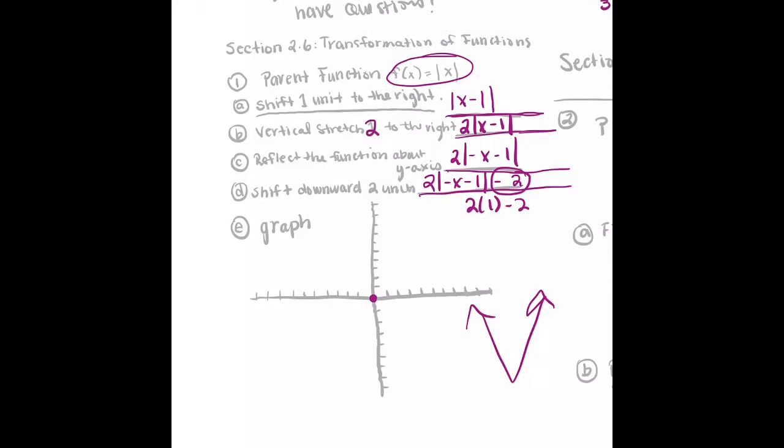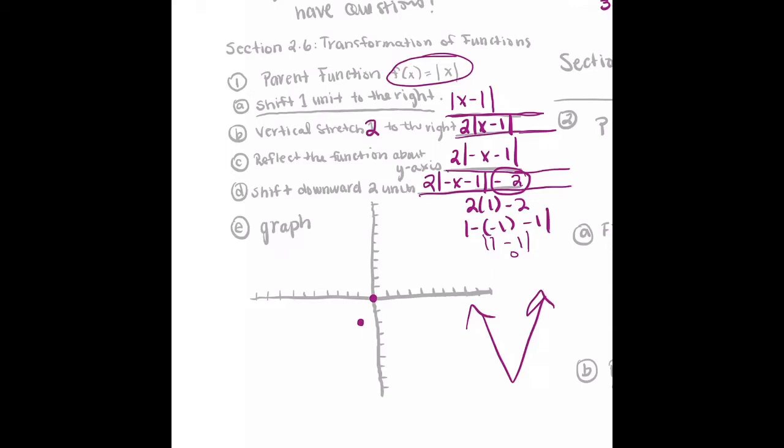So we need to do values on either side. Let's go ahead and do negative 1. So this becomes a positive 1 minus 1, all in absolute value. So you get a 0. So you know that negative 1 is at negative 2.